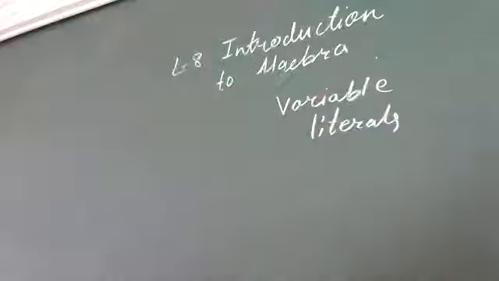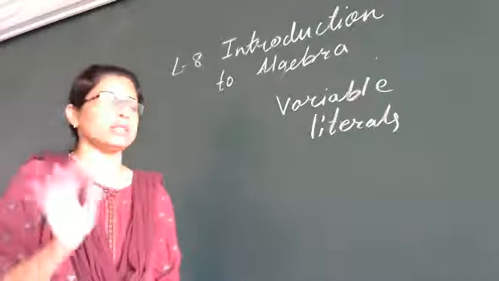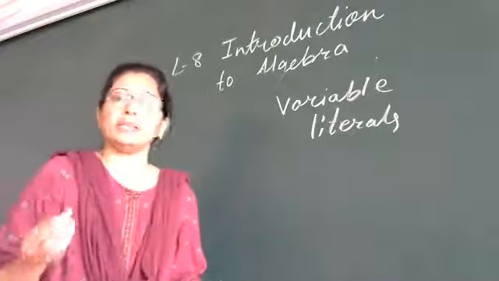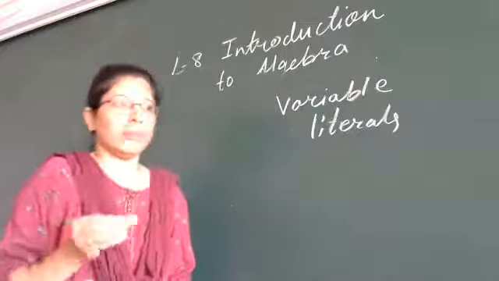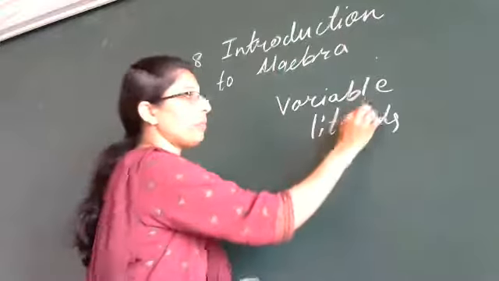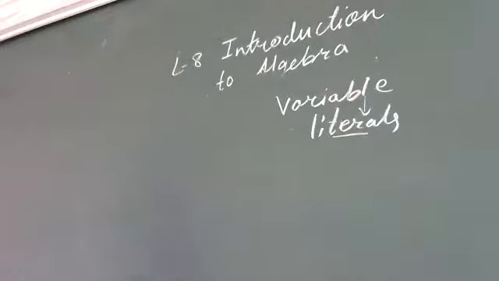Constant has only one name, constant. Numbers are constants. But variables we can see as literals. Literals means letters, alphabetical letters. So two names are there. You have to remember both, literals and variables.